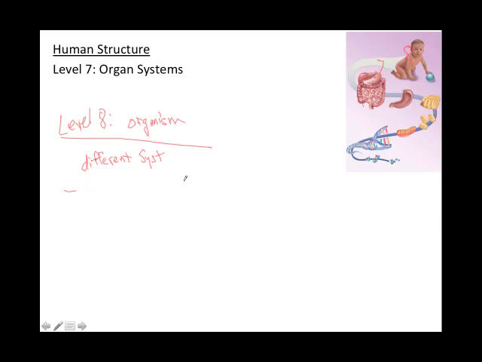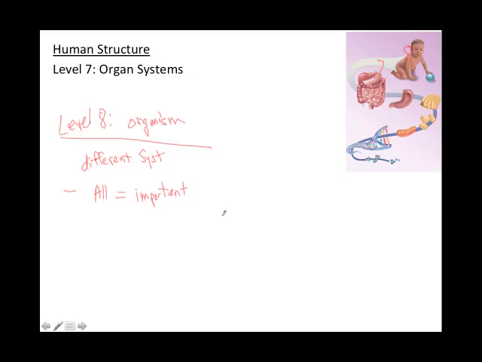If I were to ask you the question, rate the importance of the different systems from the most important to the least important, you could spend hours working together and coming up with a list and trying to justify why you think one system is more important than another, but really it's a trick question. All systems are equally important. There is no one system that's more important than another. They all work together.